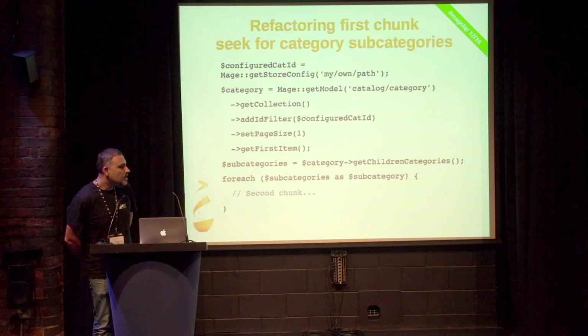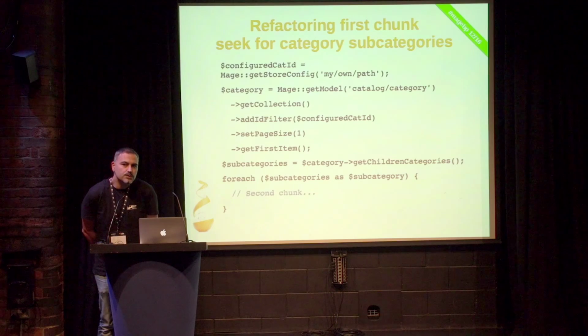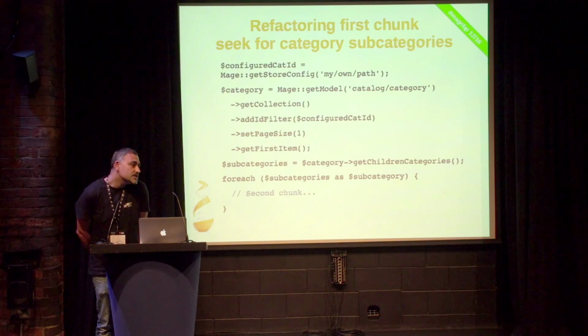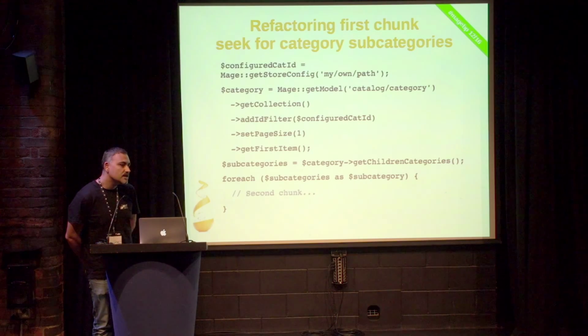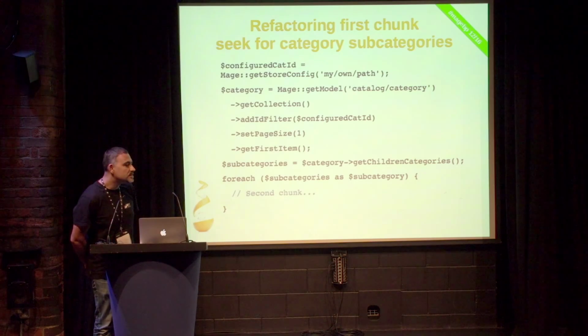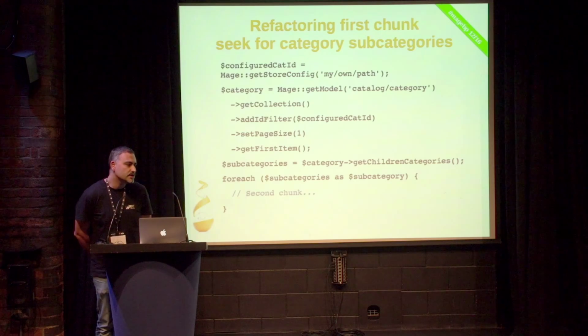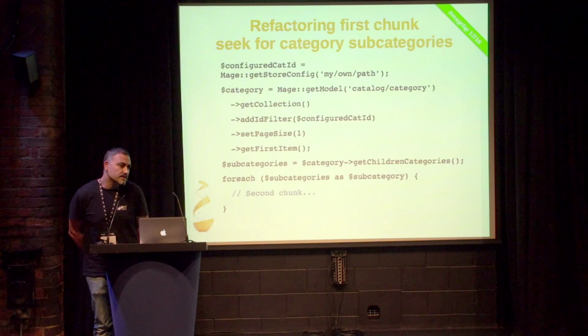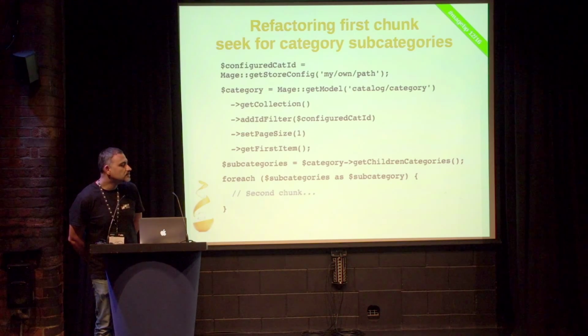As you can see, if we have to seek a precise category, let's use what Magento offers. Let's save the category in the store config and let's access it directly. It's up to the store manager to change that category in the future. And don't even use a load to get that category.